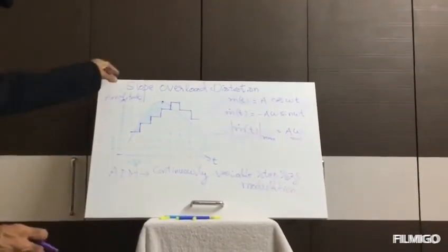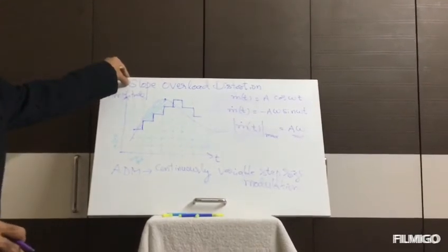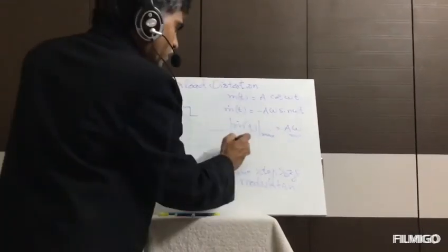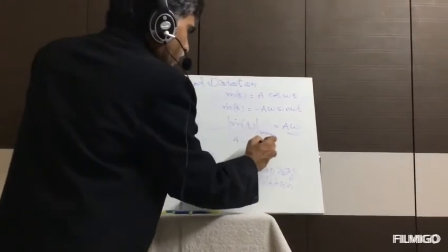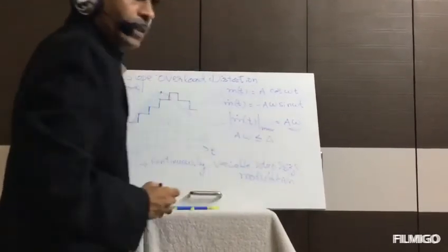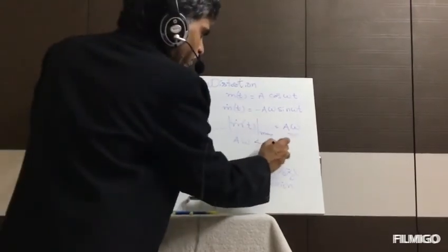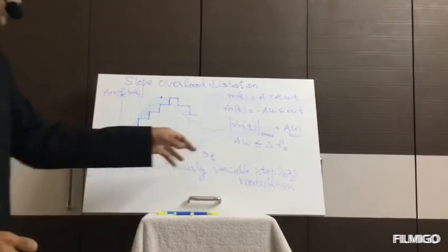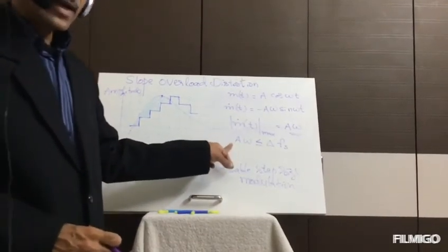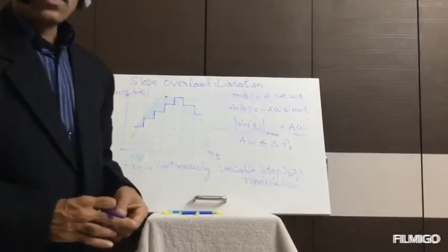So the condition to overcome slope overload distortion is that this maximum value, A omega, must be less than or equal to delta, that is the step size, into the sampling frequency Fs. As long as this condition is satisfied, you can overcome slope overload distortion.